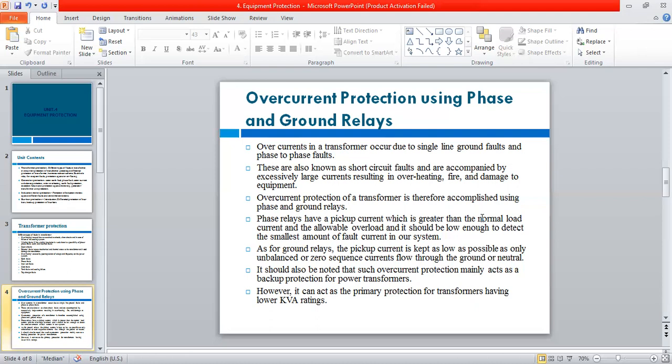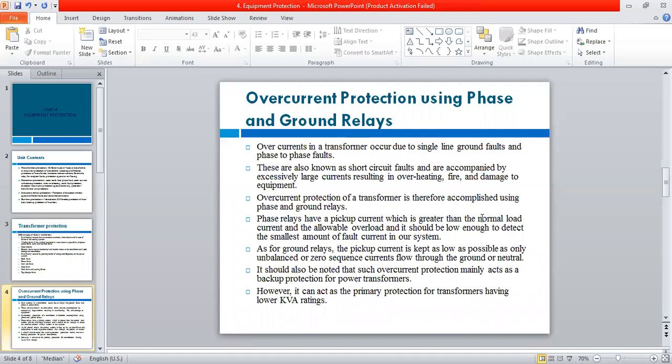It should also be noted that such overcurrent protection mainly acts as a backup protection for power transformers, but it can also act as a primary protection for the lower kVA rating transformers.